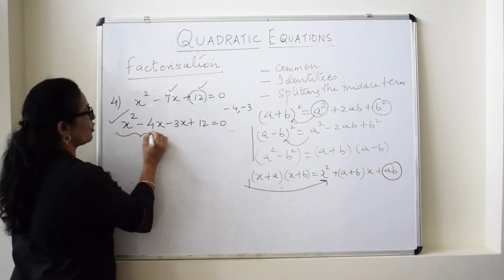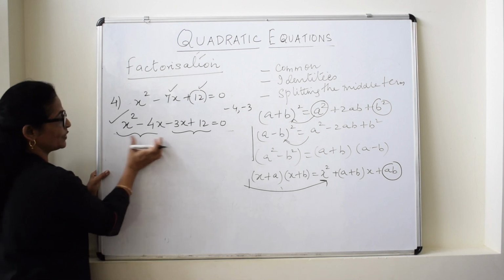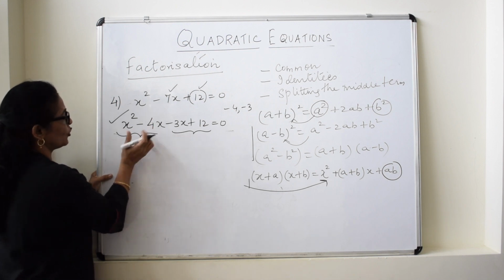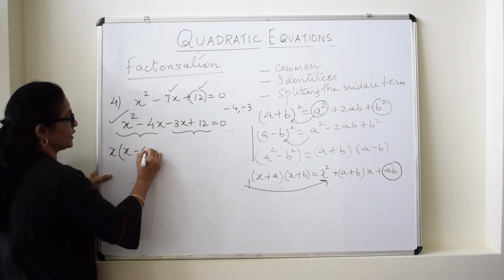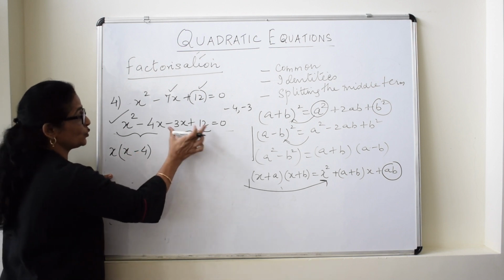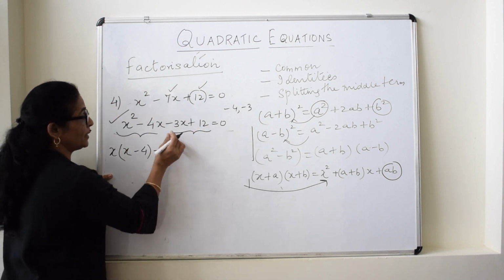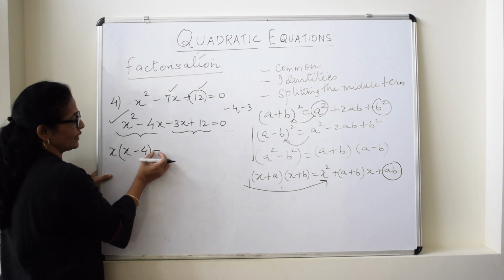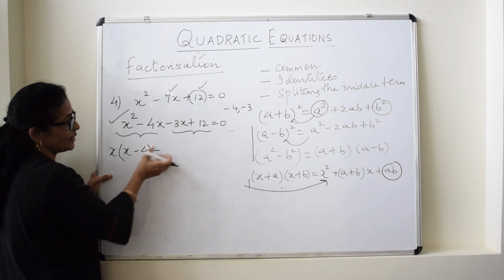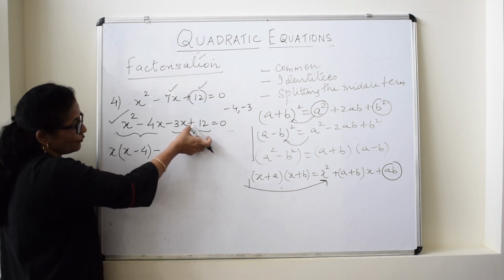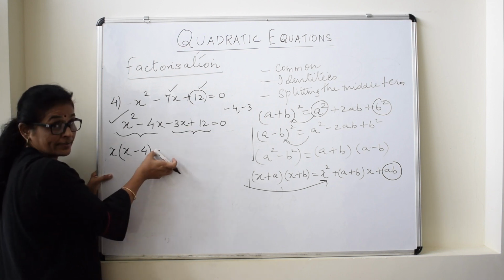Now choose the common factors from these two and from these two. From these two, x is common, and x minus 4 is left out. From these two, 3 is common, but we will take minus 3 since this term is negative and here it is positive, so from this positive we will choose a negative sign.